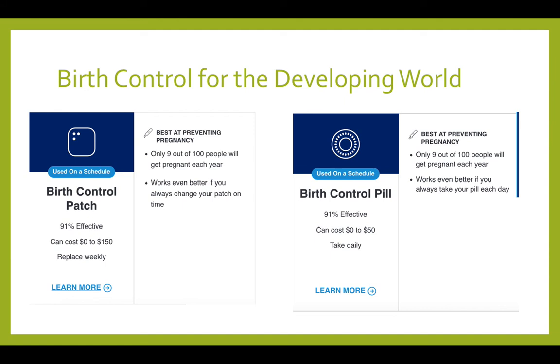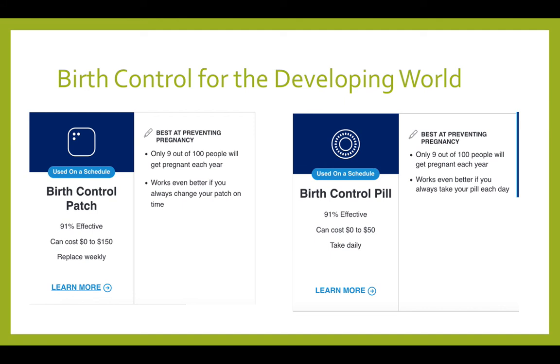For example, the birth control patch, which is 91% effective, you can just stick it on your arm and it will work for a week and you don't have to think about it. And then there's the birth control pill, also 91% effective. That one you have to remember to take at the same time every day. So sometimes that one can be a challenge for people who are stressed out on an intense schedule or something like that. But for the United States, these solutions often work well.